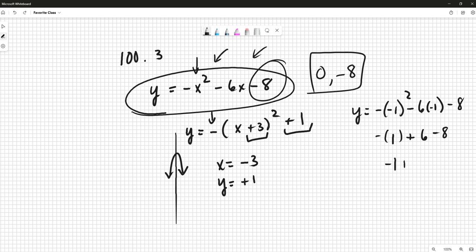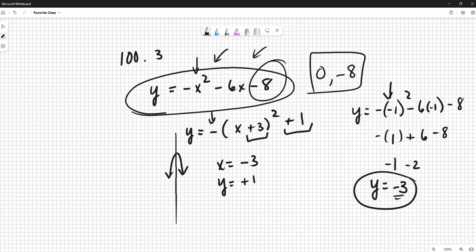Oops, not plus. Negative 6 plus 8 is negative 2. So this is a negative 3. And that's how they got y equals negative 3: they just picked a random x value that would be low enough so that it would graph on the graph.